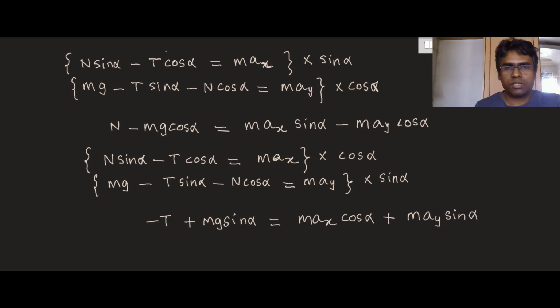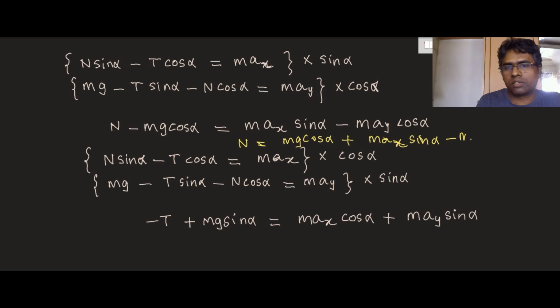So let me write the normal reaction here. The normal reaction will be N is equal to mg cos alpha. I can take it to the right hand side, mg cos alpha plus m ax sine alpha minus m ay cos alpha.